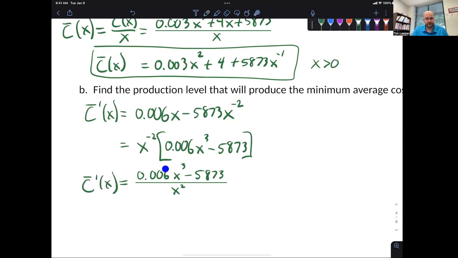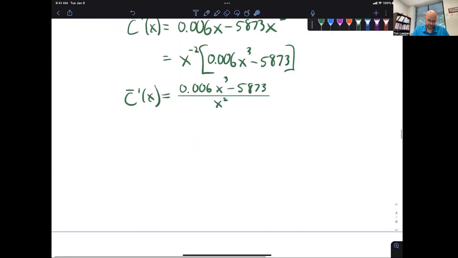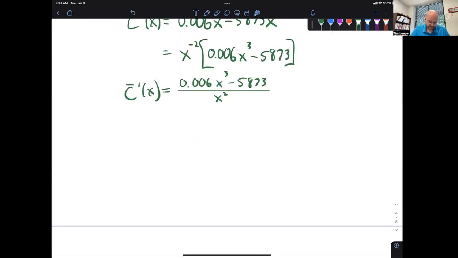This is the derivative of our average function. So now we're going to be able to find the critical numbers. We have 0.006 x cubed minus 5873 equal to 0, as well as x squared equals 0.